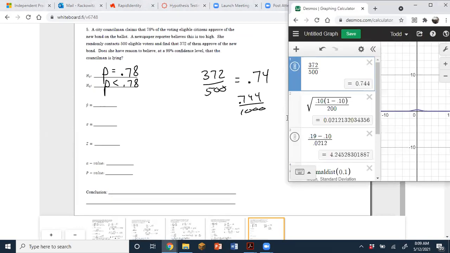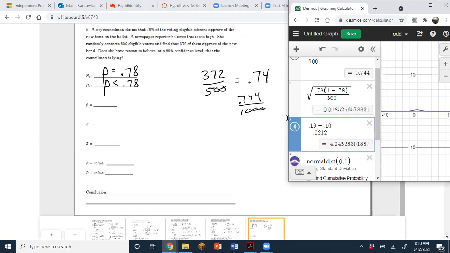So then the standard deviation would be the square root of 0.78 times 1 minus 0.78, over the 500 people, which is 0.0185.